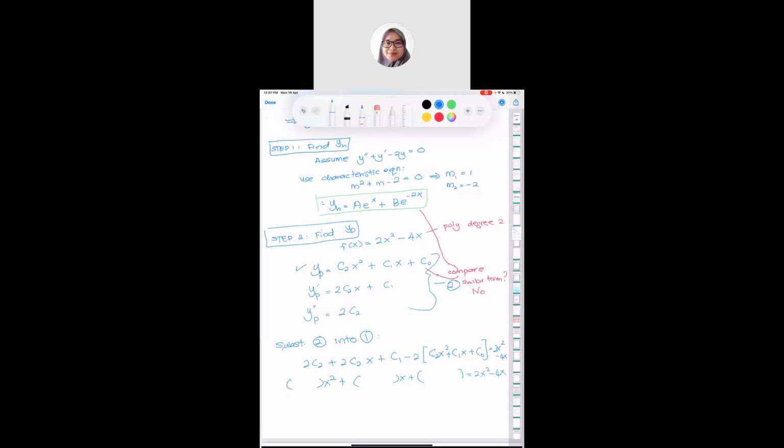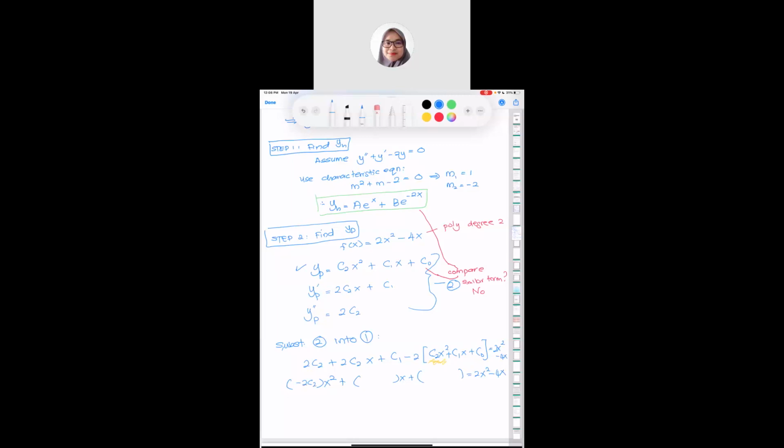Okay, so apa kita punya koefisien untuk X kuasa 2? Okay, so untuk X kuasa 2 kita ada kat sini sahaja. Okay, so kita ada negatif 2C2. Betul negatif? Okay.